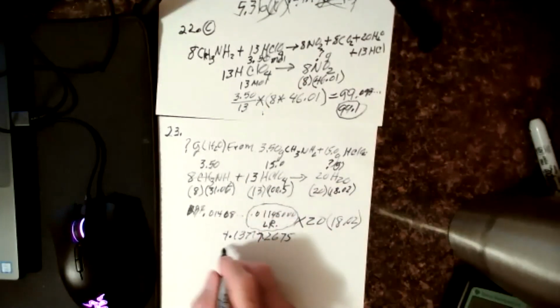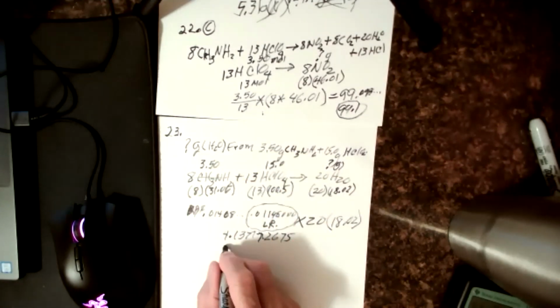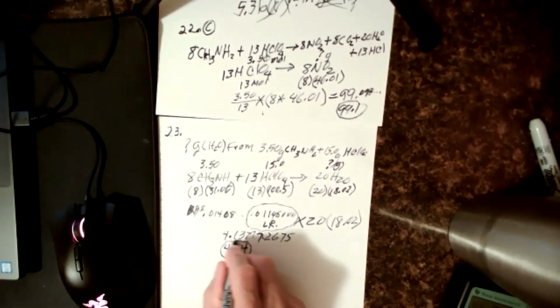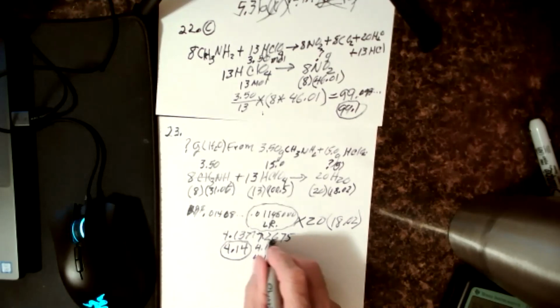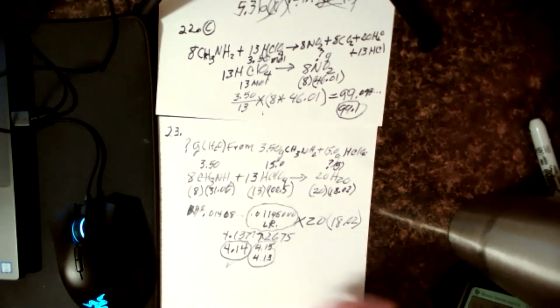The reason why you don't want to do that is when I get this, I'm going to round it off. I needed 3 significant figures, so I'm going to round off to 4.14. Now, that must be exactly one of my answers, or the answers have to be 4.13 to 4.15. If it's in this range, that's correct.